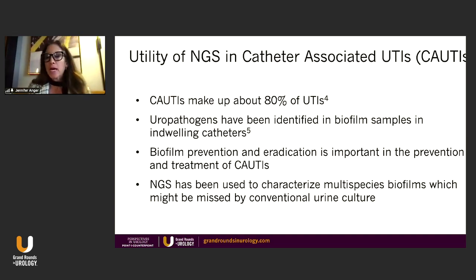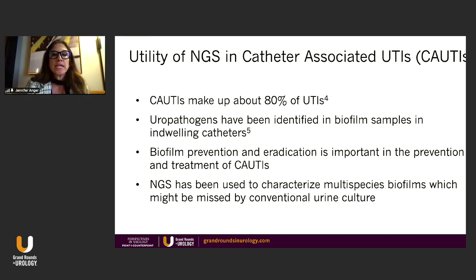But I want to add a couple, because it didn't say specifically that we must focus on simple cystitis. I'd like to include some other important UTI scenarios where it's very important. So one is catheter-associated UTIs.